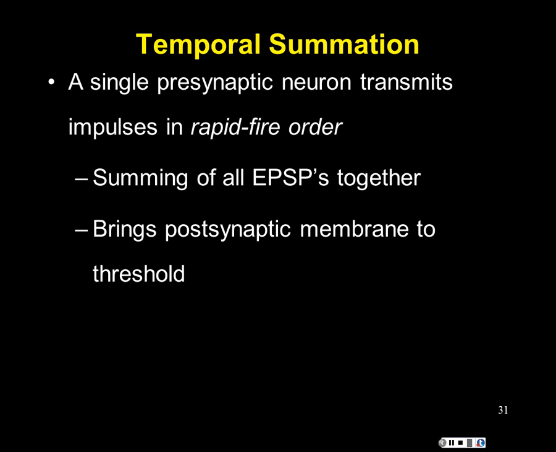In temporal summation, the last visual that we used in class demonstration, a single presynaptic input releases neurotransmitter quickly, rapidly. And so graded potentials are generated, but before the cell can go back to what? Rest, another graded potential is added to it or summed to it, causing the cell to cross threshold.